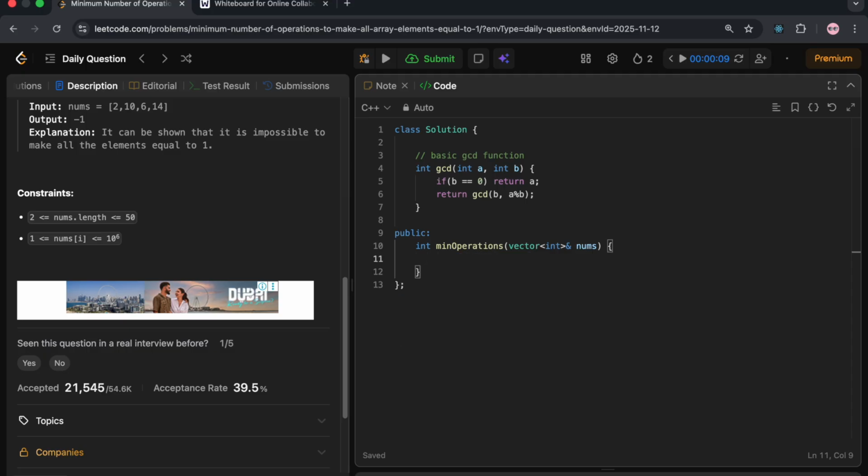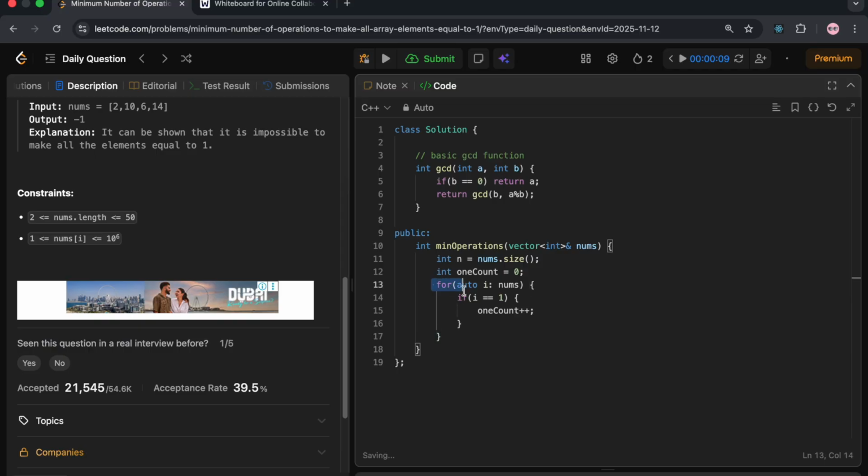Now we will move forward. Our first step will be to take the array length, and we will also count the ones. So counting ones, if this is one, then one count plus plus, right?